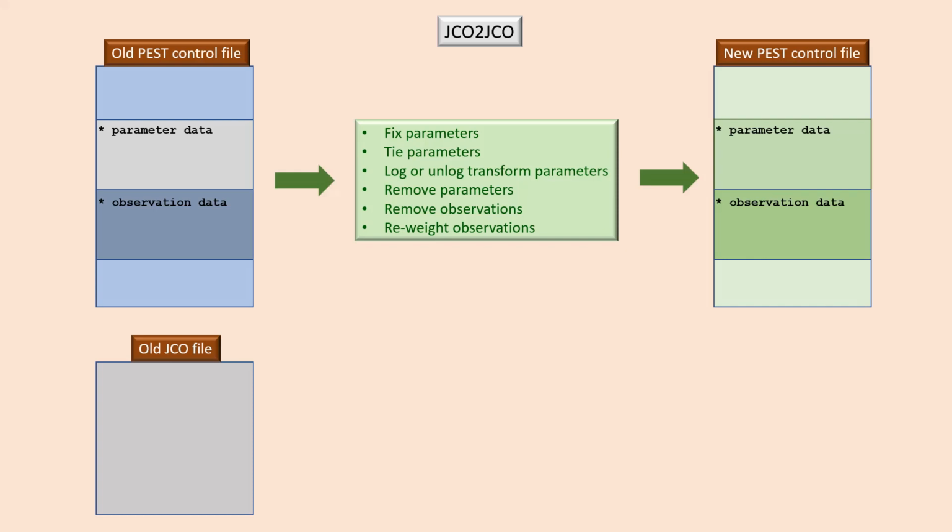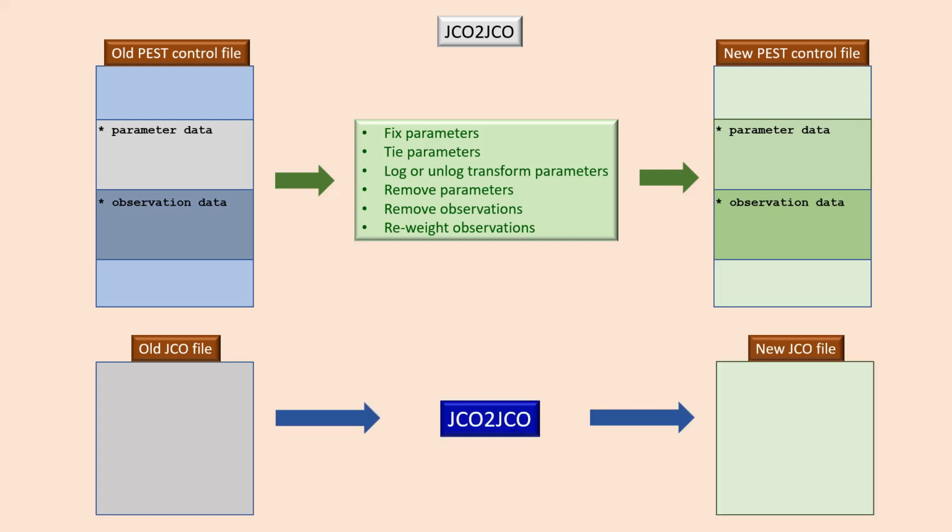As long as we've subtracted and not added to the original PEST control file, if we want a JCO file which corresponds to that new PEST control file, there is no need to go through the laborious procedure of recalculating that Jacobian matrix through finite parameter differencing. We can simply run the JCO to JCO utility to build the new JCO file corresponding to the new PEST control file. JCO to JCO calculates the elements of this new JCO file from the elements of the old JCO file.